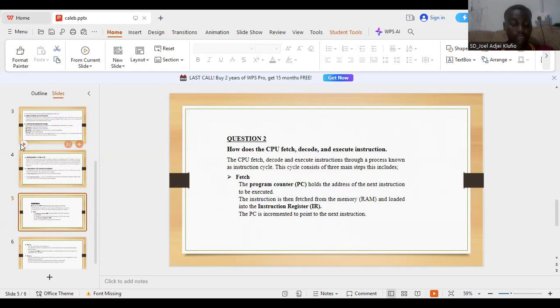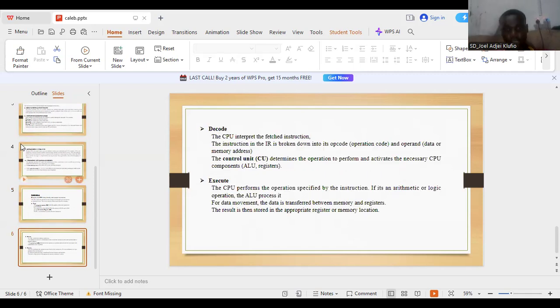It's a component which holds the current instruction being executed, whereby the program counter points to the instruction to be executed.